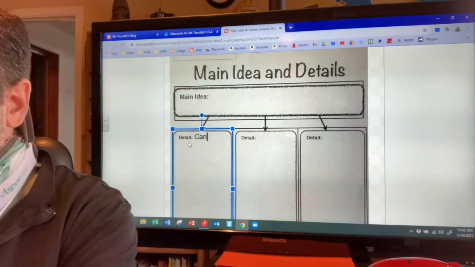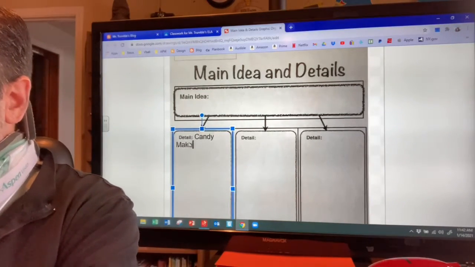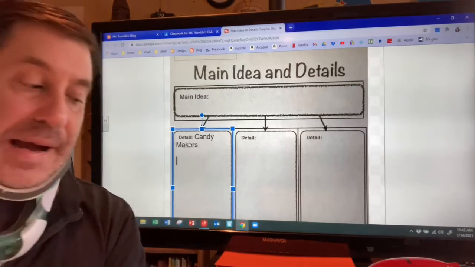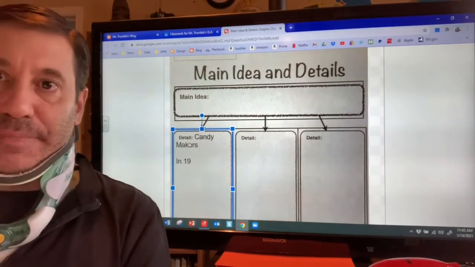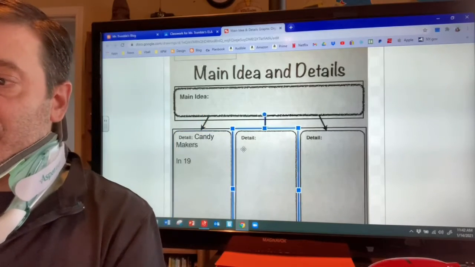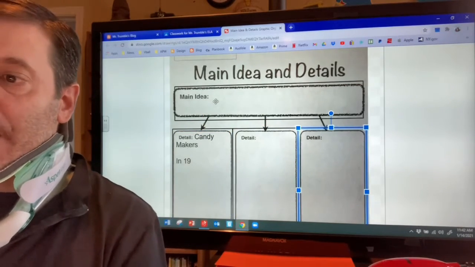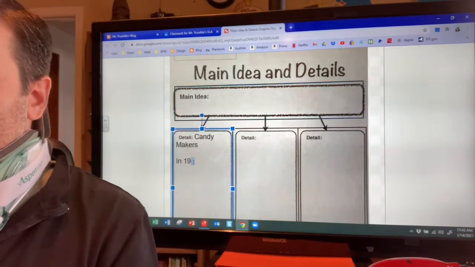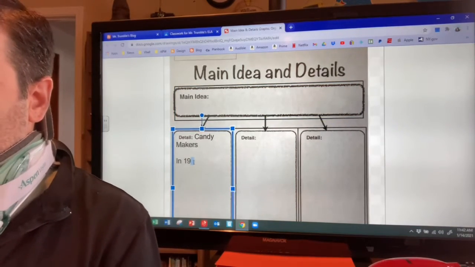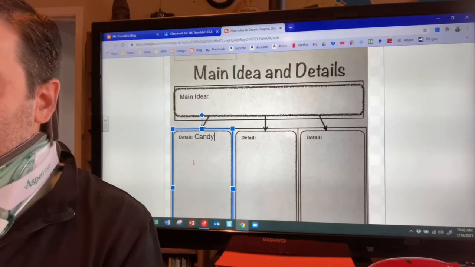This one was about the candy makers, and then I could continue and type in my detail here. And I could do that for each detail. I could type in my main idea, and then I could submit my work this way, okay? And this would be submitting your work digitally. So that is one way that you can submit your work.